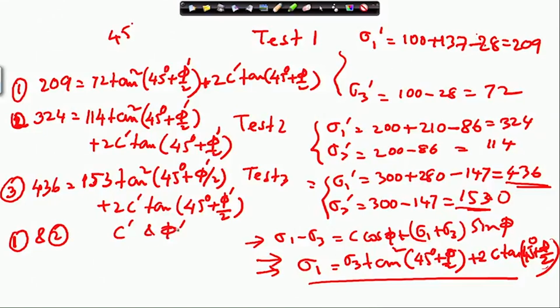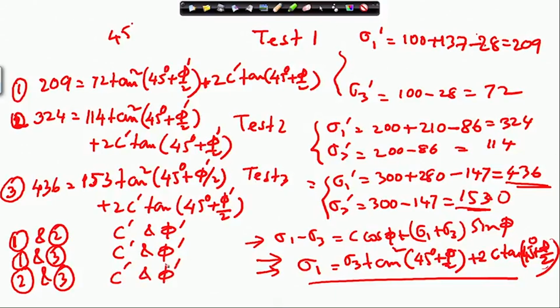Then similarly, I can do 1 and 3, and I will get another c dash and phi dash, and then 2 and 3, and from there also I will get another set of c dash and phi dash.